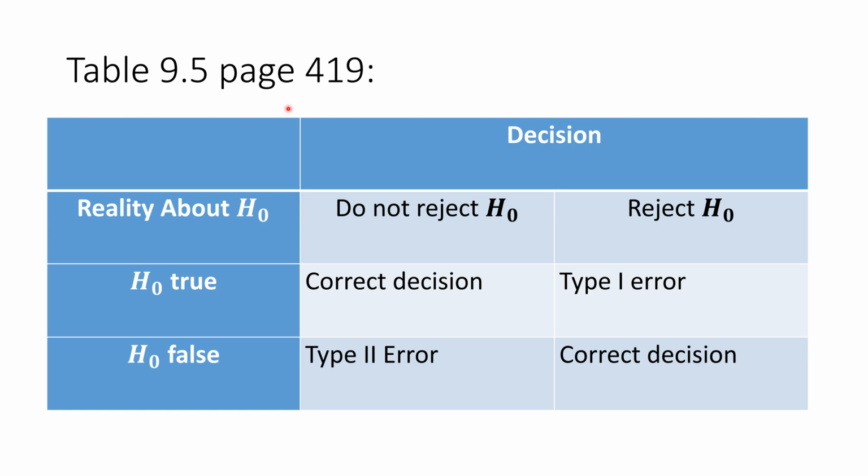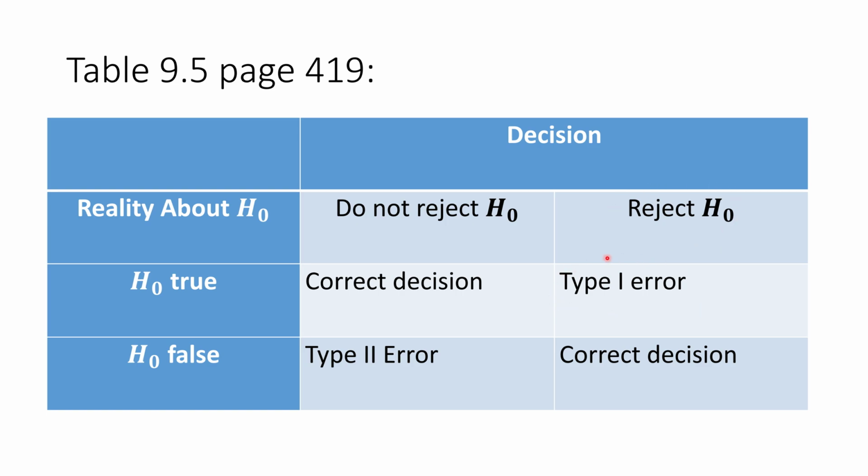Here is Table 9.5 from the textbook, page 419. When the null hypothesis is true, and we do not reject it, we have a correct decision. When the null hypothesis is true, however, we reject it, it is called a false rejection.